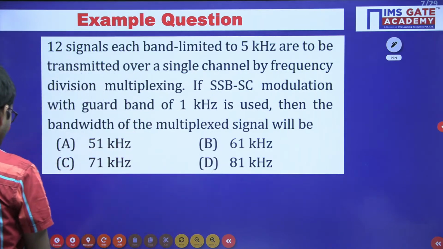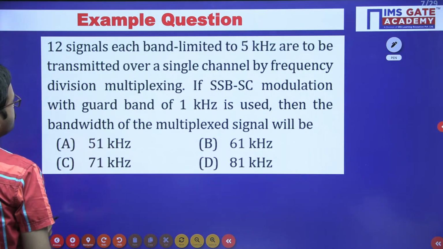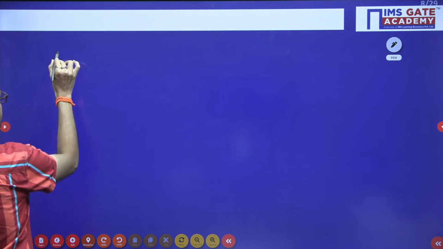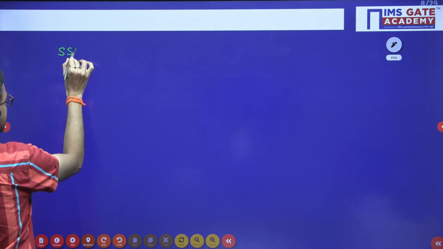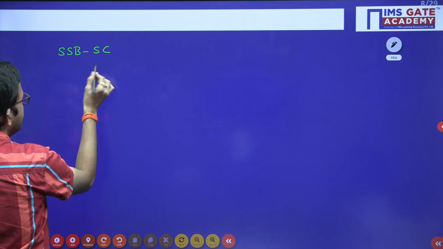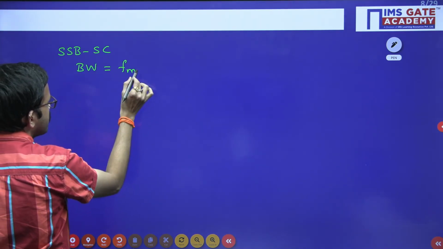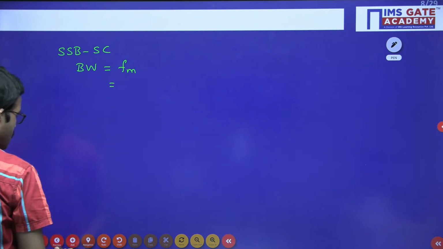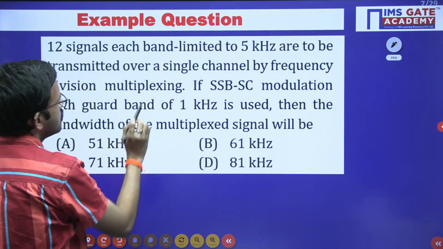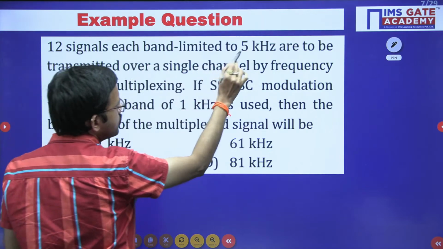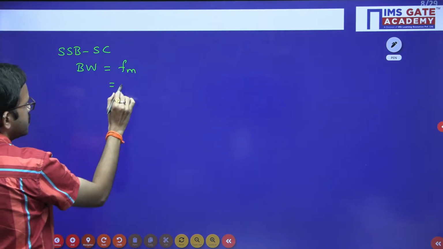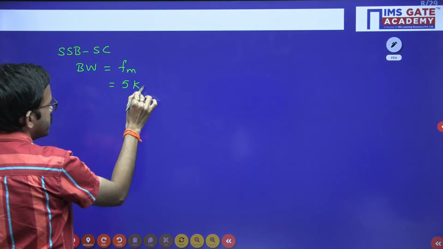So for SSBSC, bandwidth is equal to fm. Here they have mentioned each signal is band limited to 5 kHz. That means the bandwidth of the SSBSC modulated signal is 5 kHz.